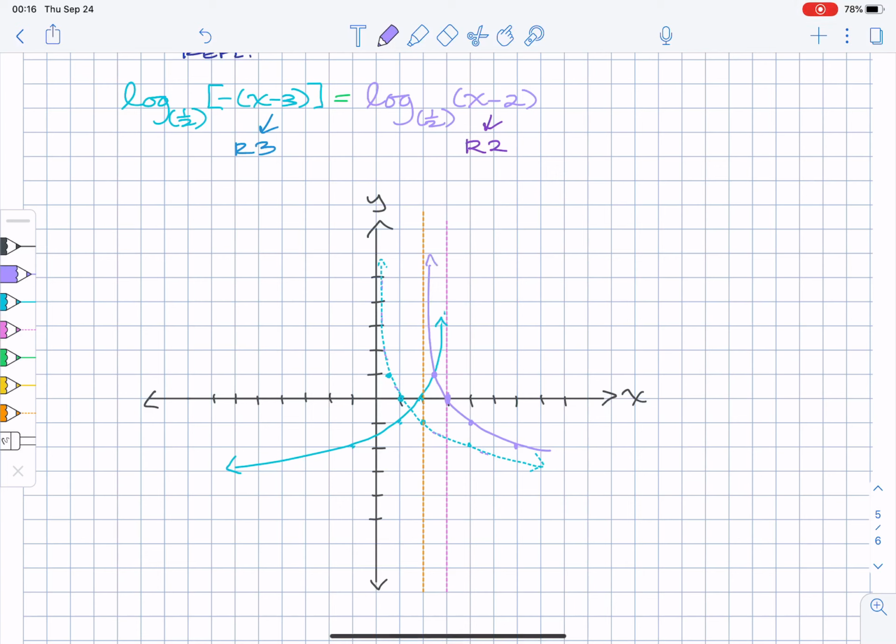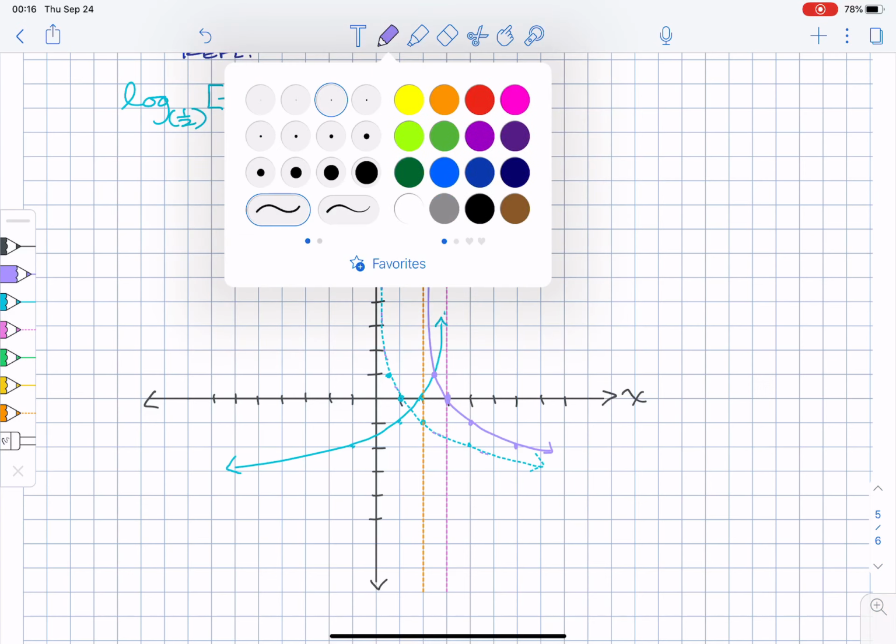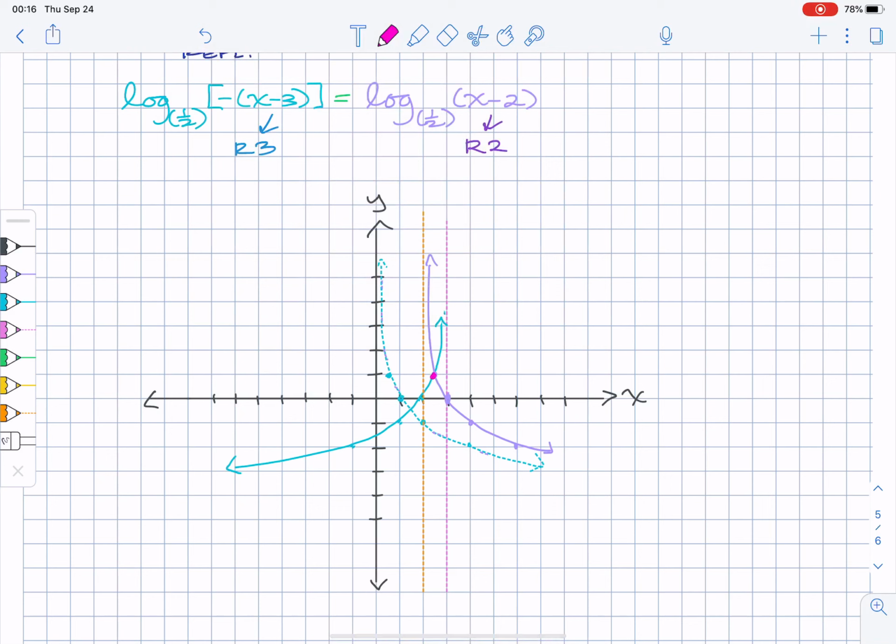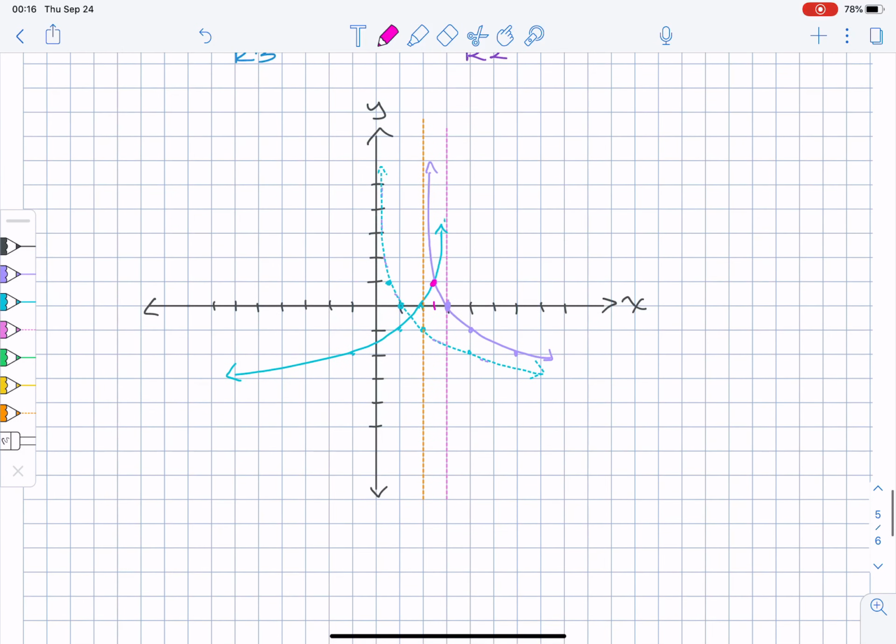Because these vertical asymptotes overlap by 1 unit, we actually have a value for which these are equivalent. That value is x equals 2.5, so that's 5 halves.